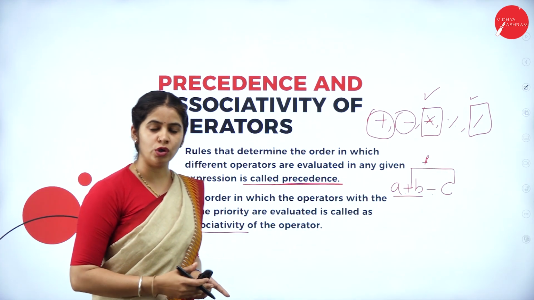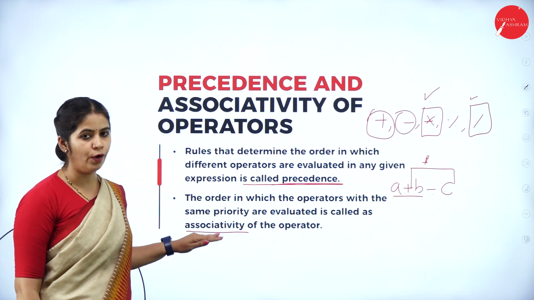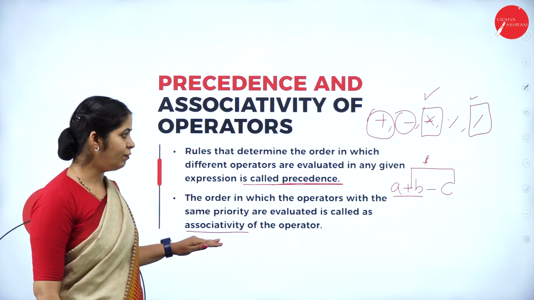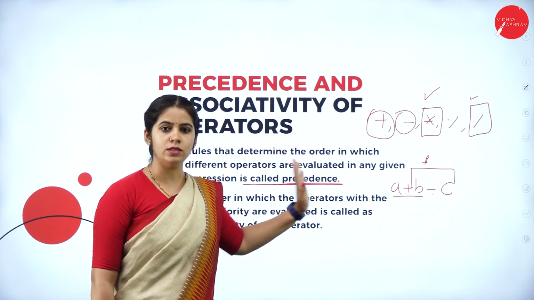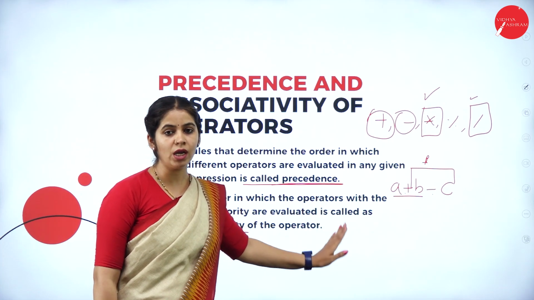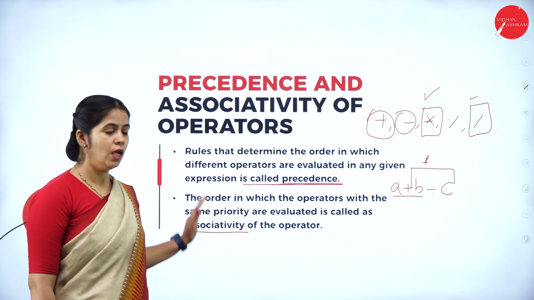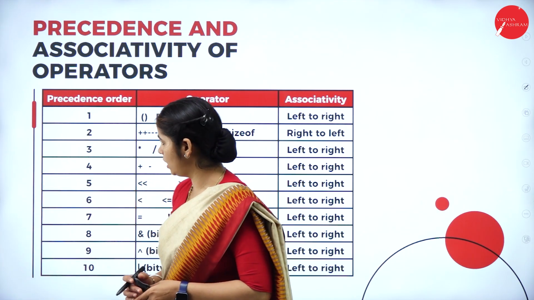That is a confusion. To clarify that, we have the associativity rule. Depending on whether it is plus or minus, it is left to right associativity, while some operators have right to left associativity. Let us see which has what type of associativity.